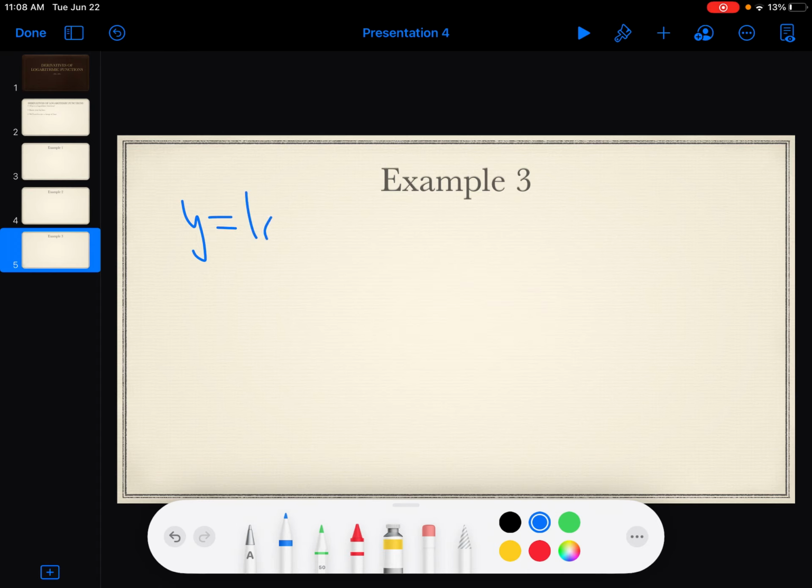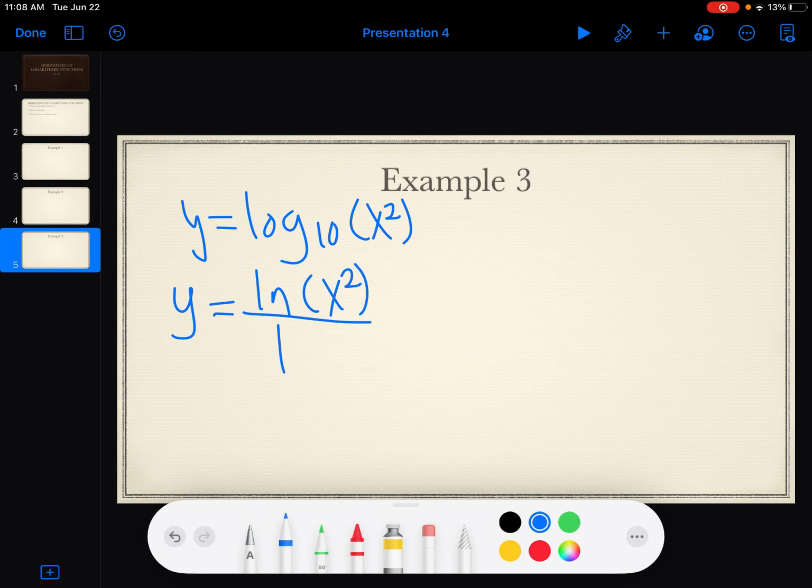I've got y equals log base 10 of x squared. So what do I do here? Again, I change the log base, and I want ln. So I have ln of x squared over ln 10. Now it's just a matter of taking the derivative.